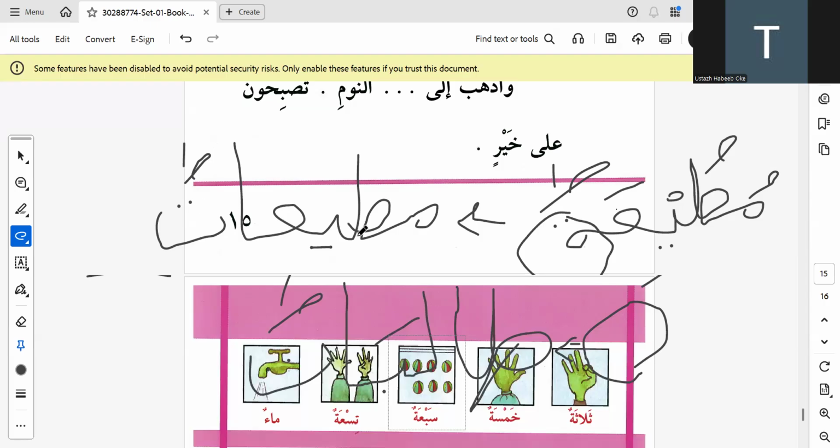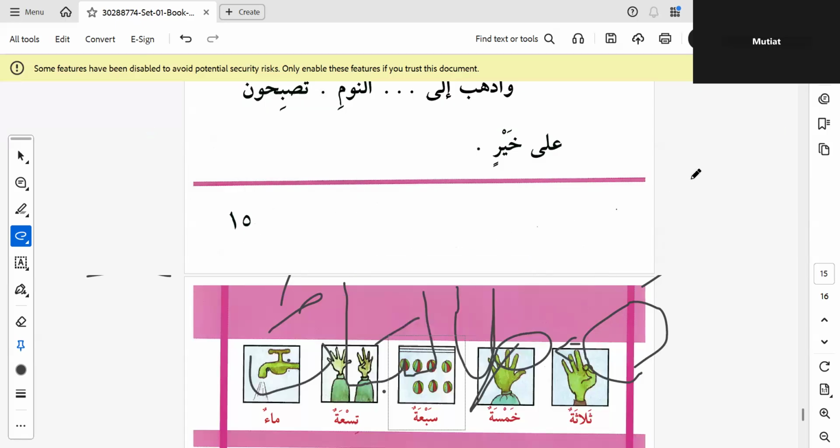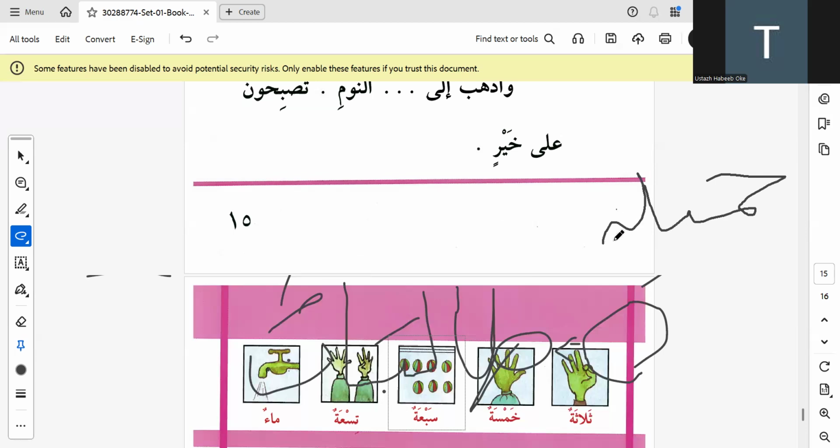Okay. All right. So if we have jamilatun, what's going to be the plural of jamilatun? جميلات. Barakallahu fiq. So we just remove the small ta and then okay.